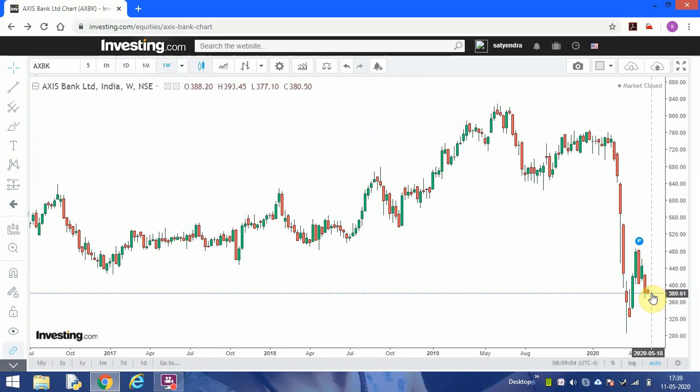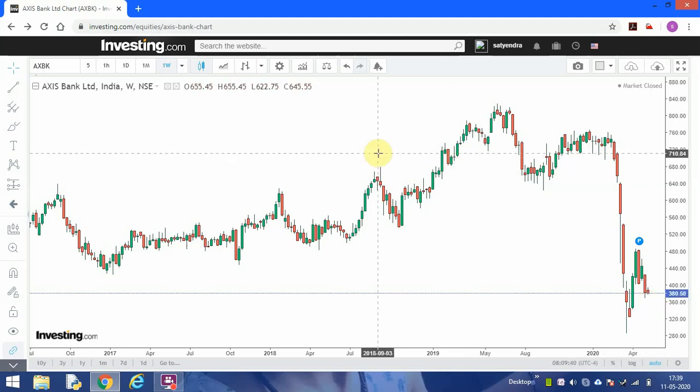I have already told you whether it is forming three white soldiers, three black crows, or hammer, or doji, or spinning top, or any other kind of candle. So this will help you to judge the price pattern in the upcoming day or next day.